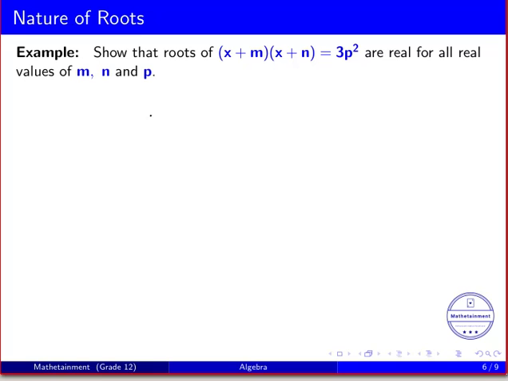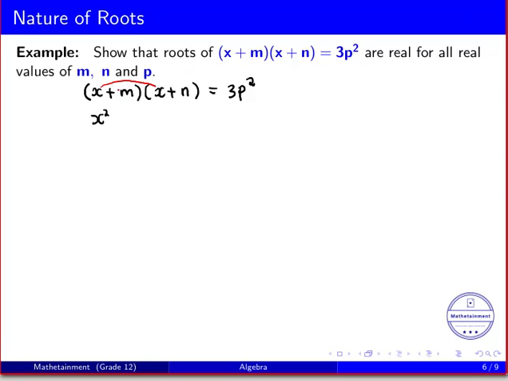How do we do this here? We're going to write that equation into its standard form first. So we'll have x plus m multiplied by x plus n equal to 3p squared. So let's carefully remove that bracket. So we are going to have x multiplied by x. What do we get there? We are getting x squared.